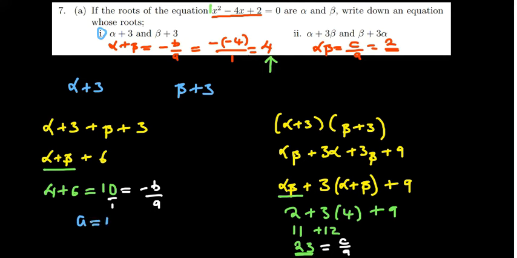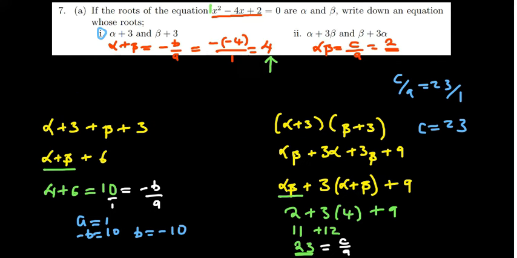Now if I equate negative b to the 10, my b will be equal to negative 10. And if I equate c, remember we've got c over a equal to 23. So a is 1, so c is 23. So our equation becomes x squared minus 10x plus 23. That's the new equation for part 1.